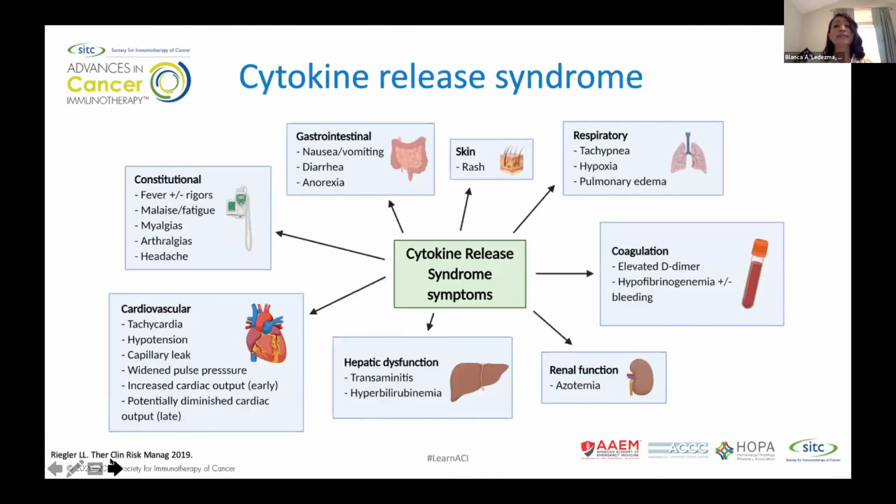The cytokine release syndrome, as you previously saw in the slide earlier, affects multiple organ systems, with constitutional symptoms such as fevers and rigors, GI symptoms, nausea, vomiting, respiratory symptoms, tachypnea, hypoxia, coagulopathy, hyperbilirubinemia, transaminitis, tachycardia, and hypotension. So it really affects multiple organ systems.